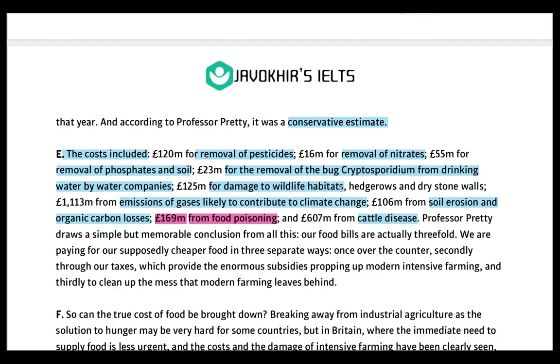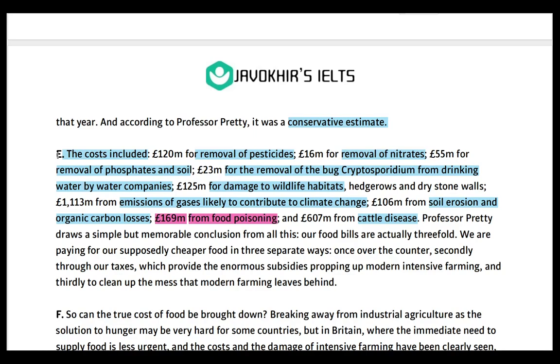You don't really have to know the meaning of the bug or cryptosporidium. You can just make an inference from the simple words: removal of something from drinking water by water companies. So 23 million pounds was spent in order to purify drinking water.